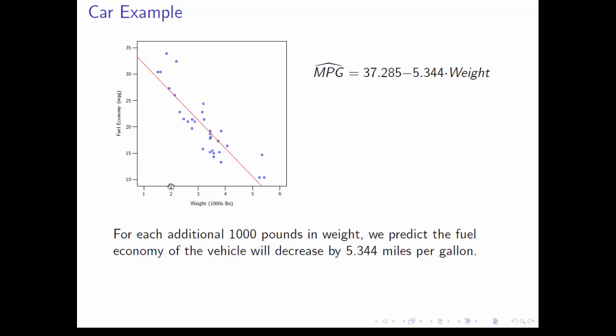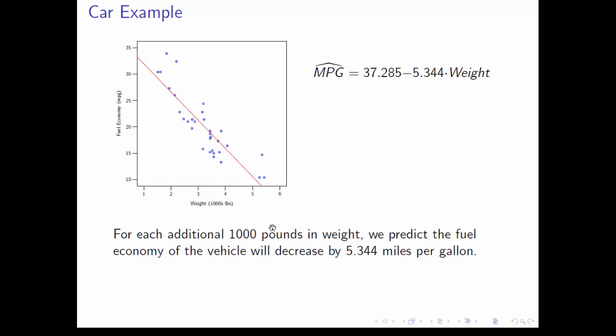And by the way, 1 unit here, going from 2 to 3, means 1,000 pounds more. So for each 1,000 pounds of weight I add to the car, we're going to predict that the fuel economy will decrease by 5.344 miles per gallon.